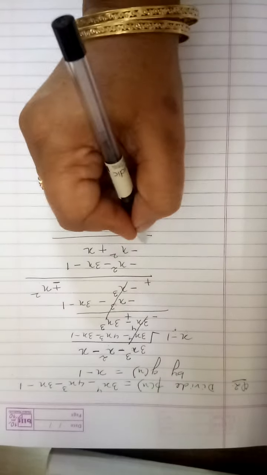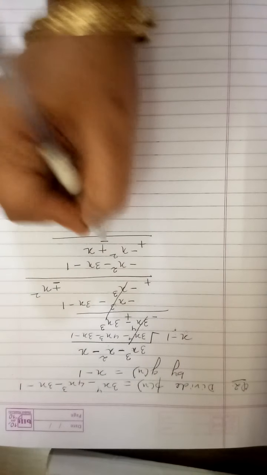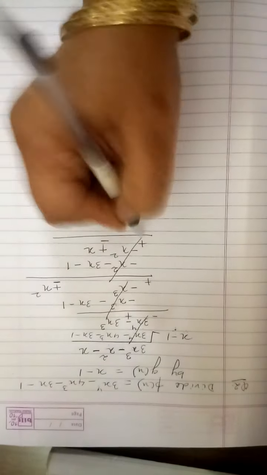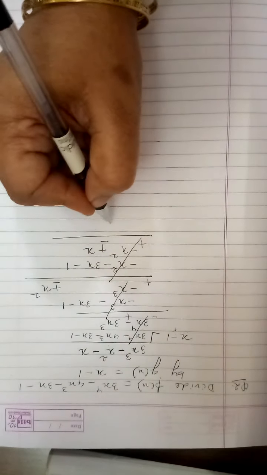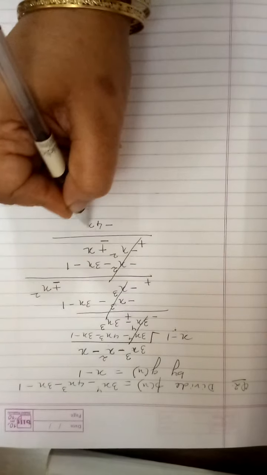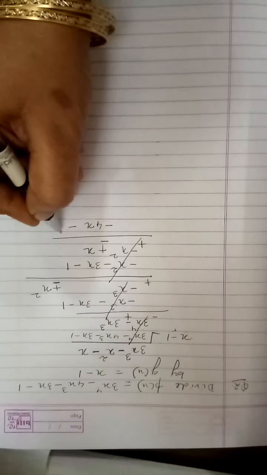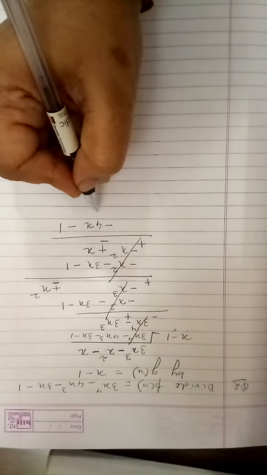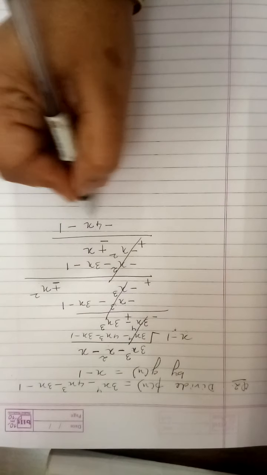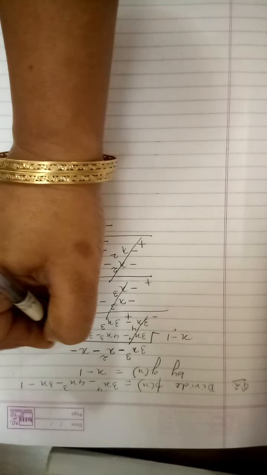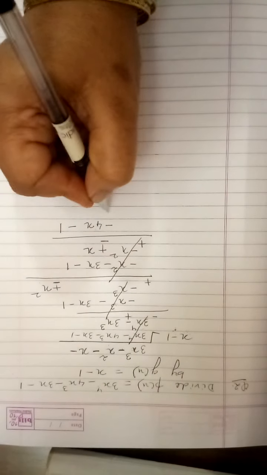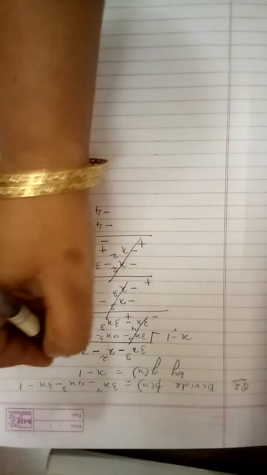Again, I change the sign. This becomes plus, this becomes minus. As always, the first term gets cancelled out. Minus 3x minus x gives me minus 4x. I bring down this minus 1, I get minus 1. Lastly now, I require minus 4x. This has a plus, so again I put a minus sign over here. I require 4, so I write minus 4 over here.